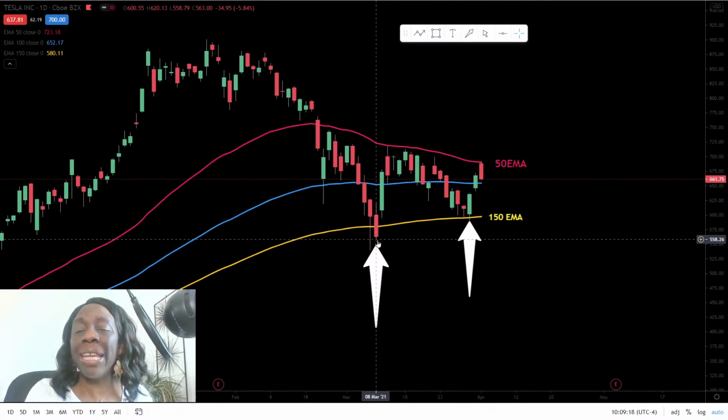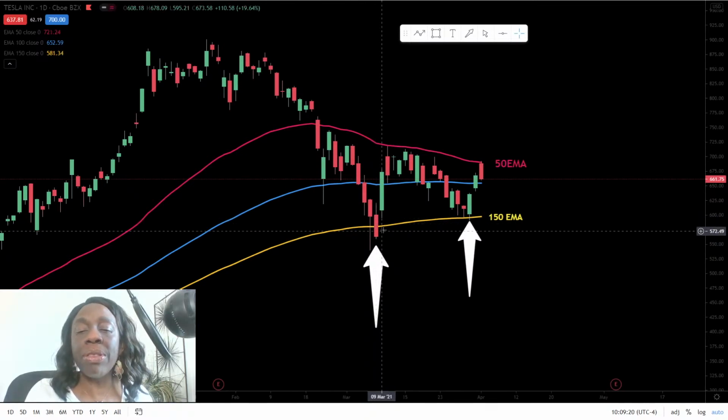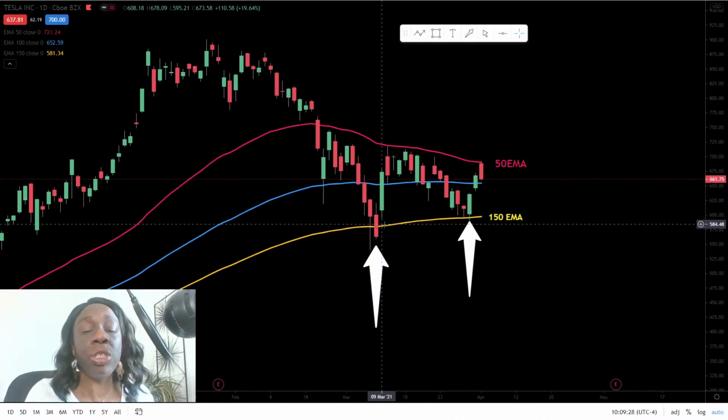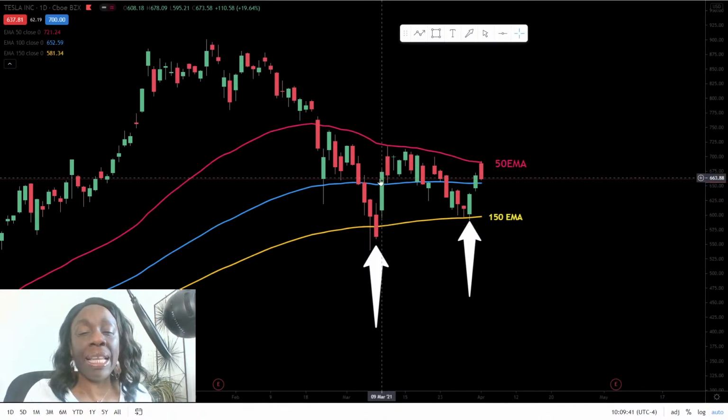But what happens the very next day? There's a bounce. Now, this is where you can get into a trade when there is a bounce off a major moving average. It bounced off the yellow. Not only did it bounce off the yellow, but in the same day, it broke above the blue.